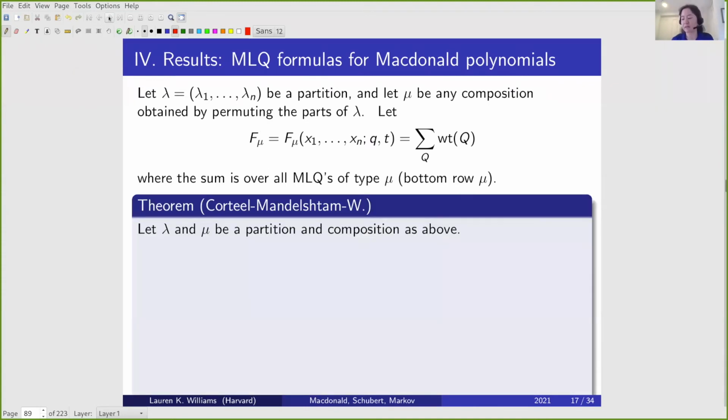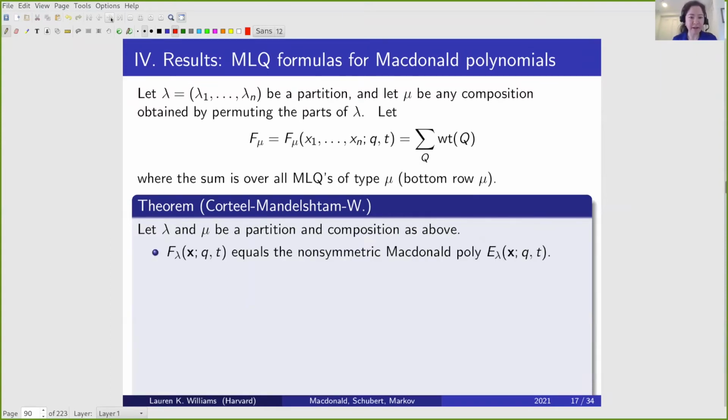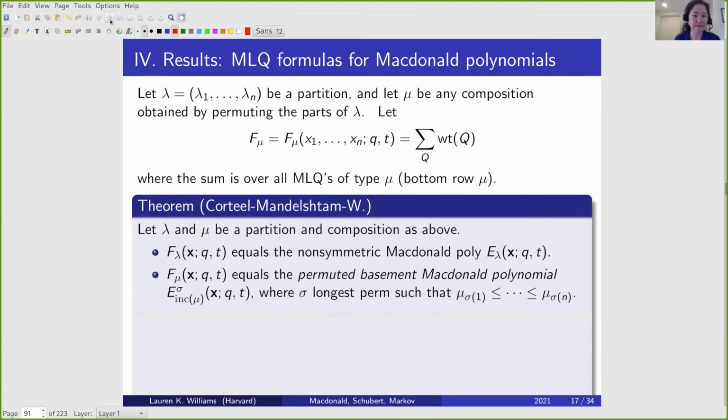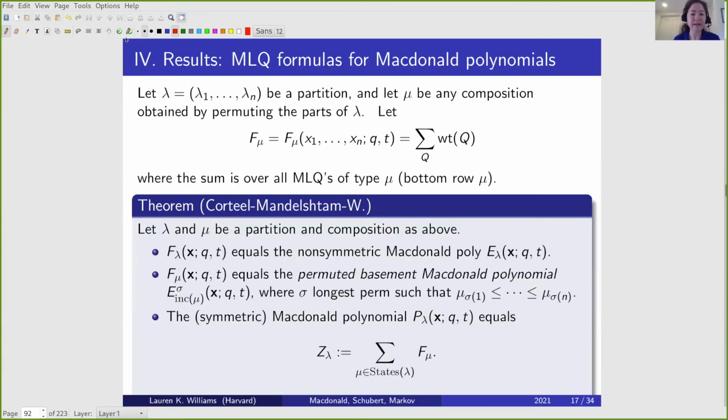And so now I can state some results. If we let lambda and mu be as above, then there's several things we can say. F sub lambda, this generating function for multiline q's, equals the non-symmetric Macdonald polynomial E lambda. F sub mu is something called a permuted basement Macdonald polynomial for arbitrary compositions mu. And if you want to understand the actual Macdonald polynomial P sub lambda, then what you do is you sum over all states of your Markov chain.